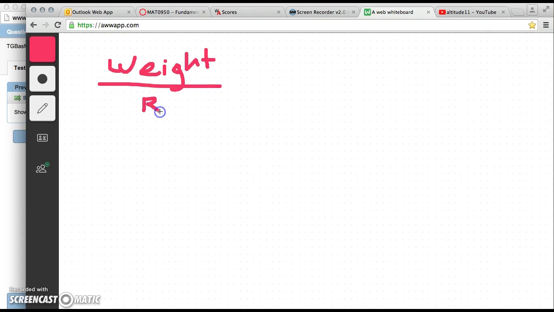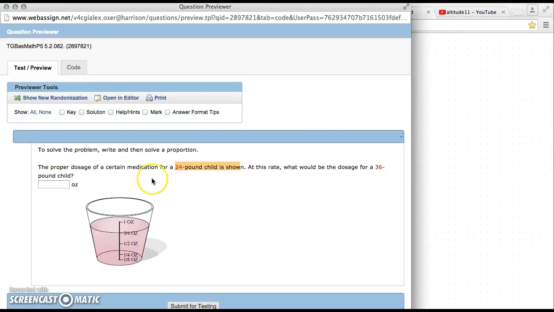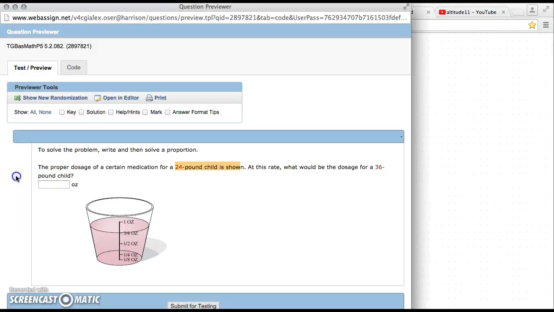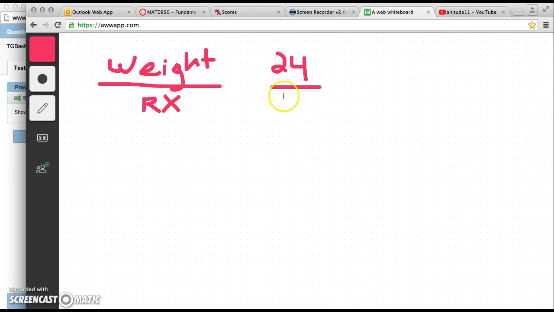Keep it simple, I'm just going to write Rx. Right? So we're saying based on this child's weight, how much medicine do we need to give the child? Well, looking back at our problem, we know that a 24-pound child is going to get 3/4 of an ounce of medicine.